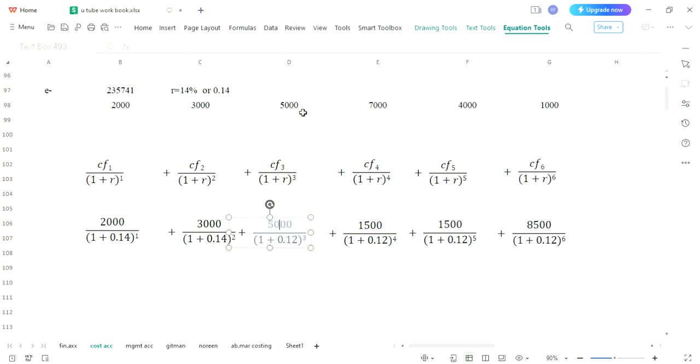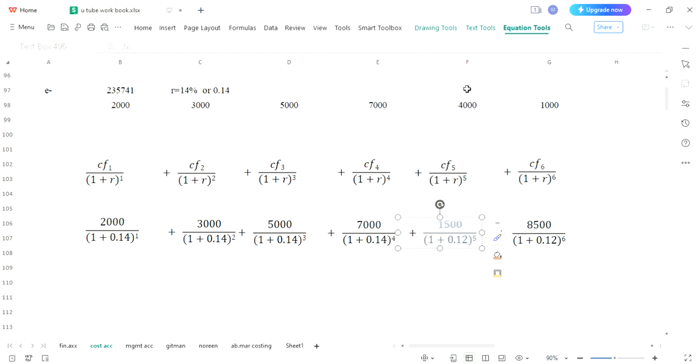Look how easy it had become. We are just changing 14%, but obviously when you will be writing on your copy or paper, you won't be able to do this. So your time is required to be managed accordingly. 1.14, we are just changing the cash flow value.